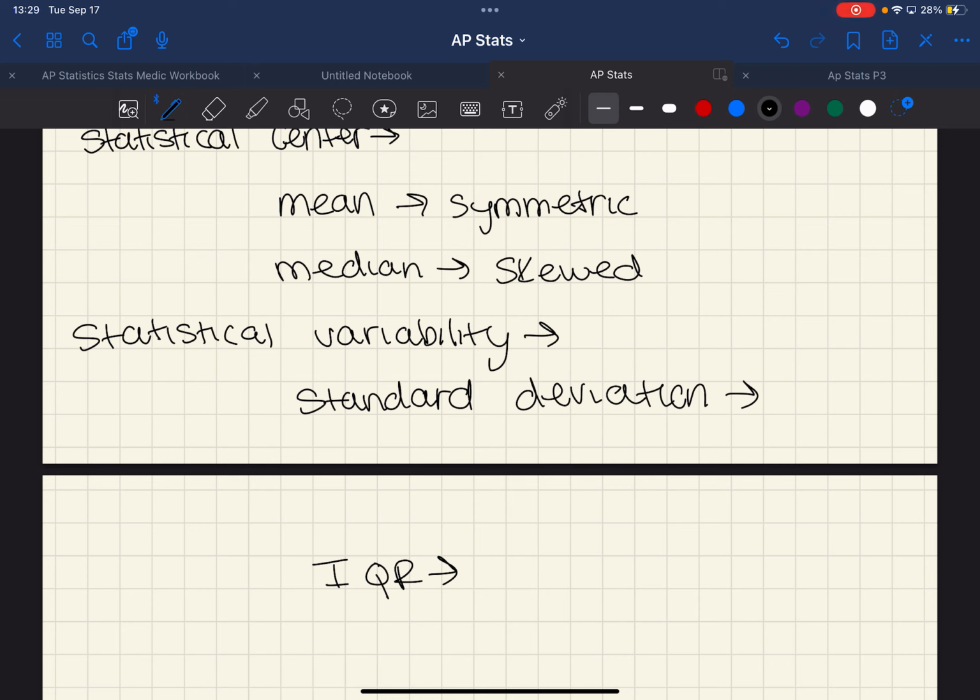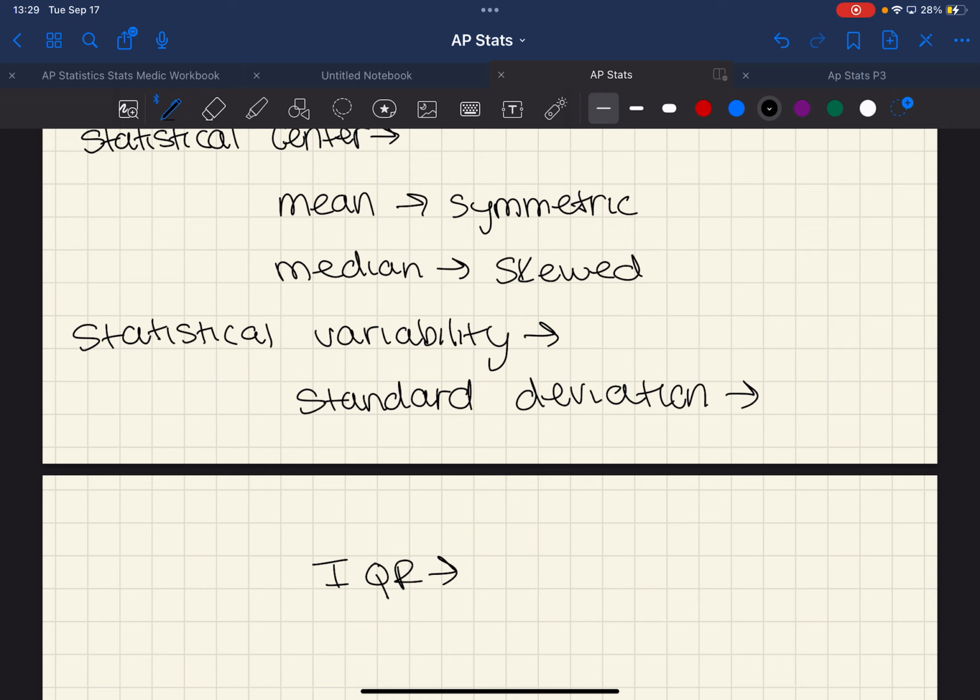The IQR, or the interquartile range, is based on the difference between the upper and lower quartiles. Okay. If we were deciding which one is best to use, if we had a symmetric distribution, which means that the mean and median are approximately equal, and the standard deviation and IQR are approximately equal, it's best to use standard deviation.